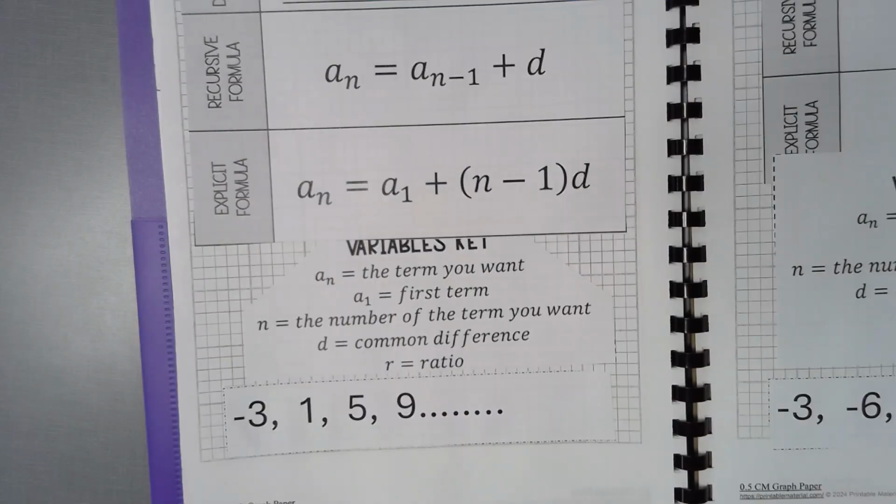Okay. Y'all, this is a formula that we plug into. And, Javon, can I get you to watch this way? What does A sub 1 mean for my answer key? The first term. What is the first term of my sequence? So -3 would go right there.